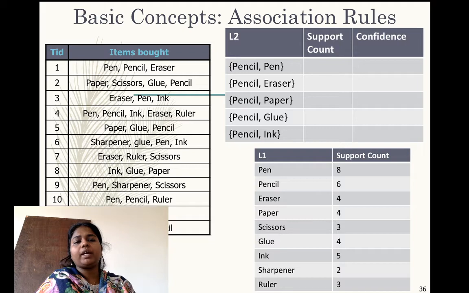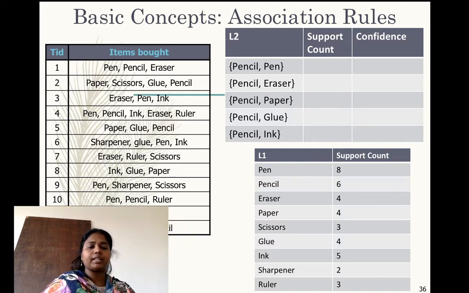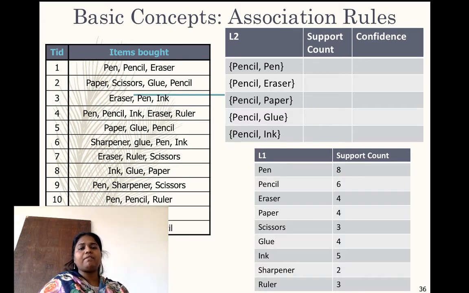So the same way I can do for pencil. For pencil, the support count value, if you look at the table below, is 6, which means there are 6 transactions out of 12 in which pencil is bought. Now I am going to check, out of those 6 transactions, how many of them have pencil and pen together.